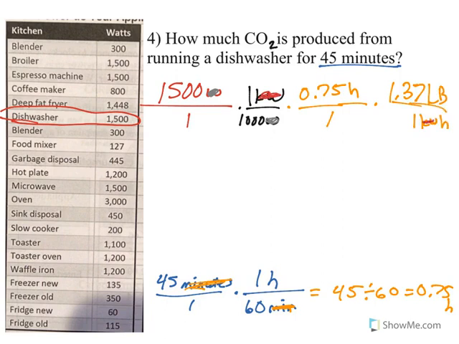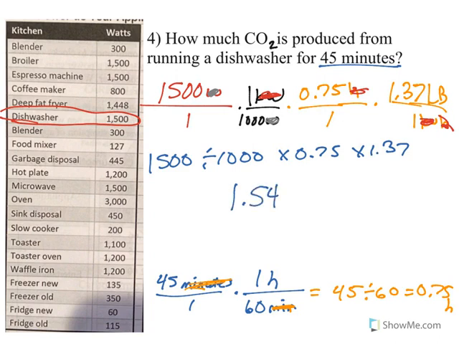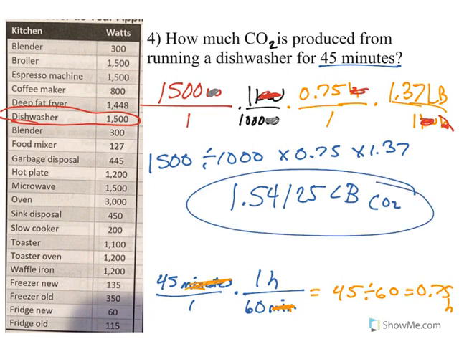My kilowatts cancel out, my hours cancel out, and my work is 1,500 divided by 1,000 times 0.75 times 1.37, and I end up with 1.54125 pounds of CO2.